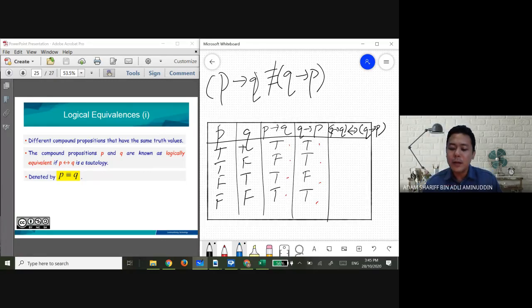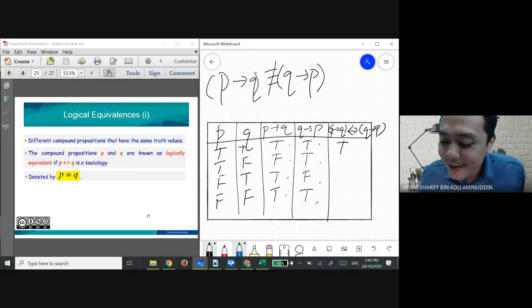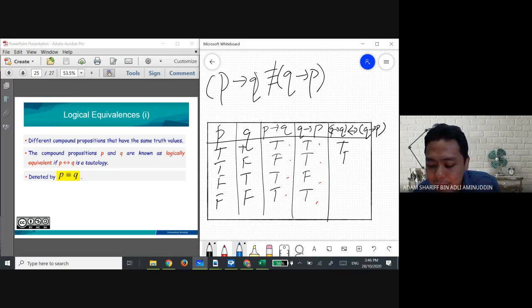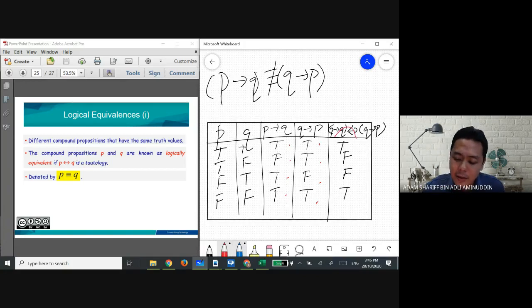Okay. So the biconditional: TT is T, FT is F, TF is F, and TT is T. Now let's look at this. The biconditional between P implies Q and Q implies P is not a tautology.